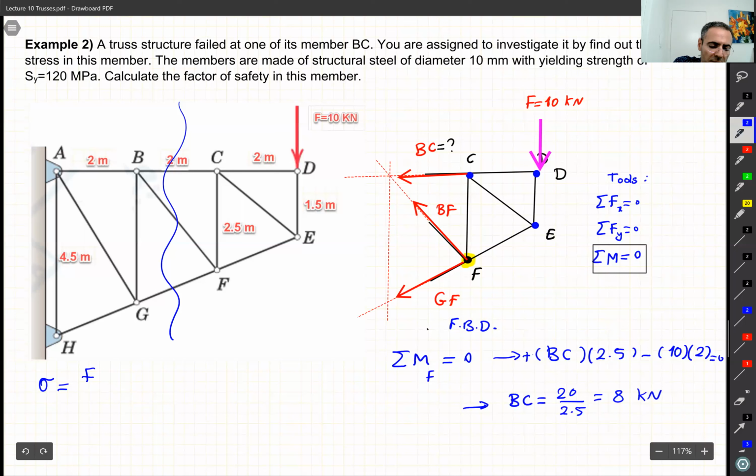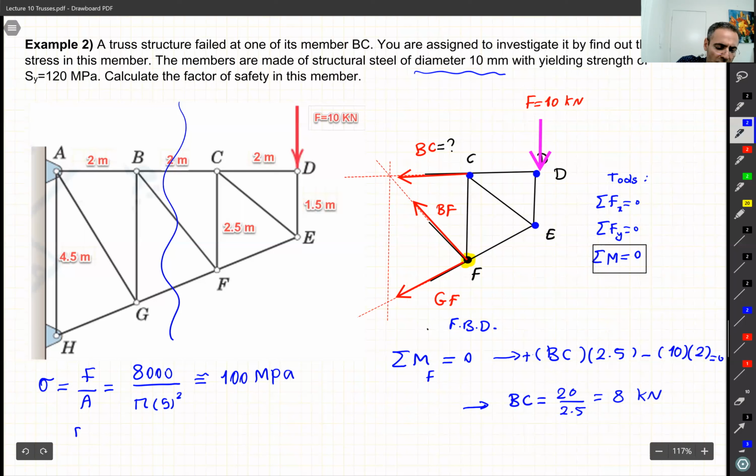Stress is force divided by A, so 8,000 divided by area. The question says that the diameter is 10 millimeters, so pi r squared. It gives me approximately 100 megapascal.